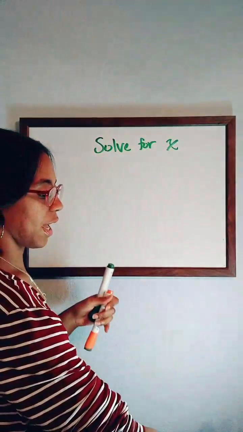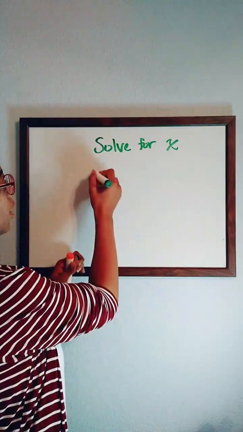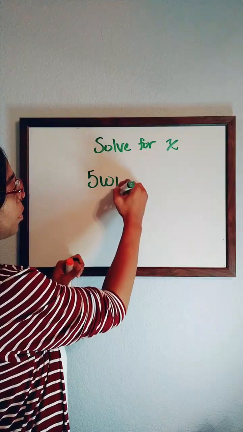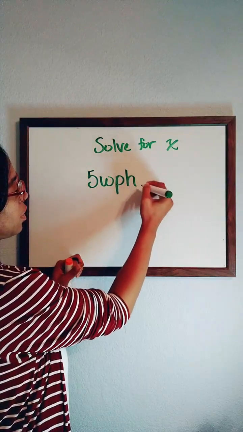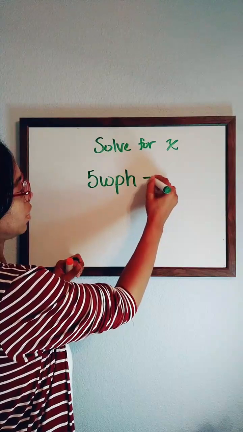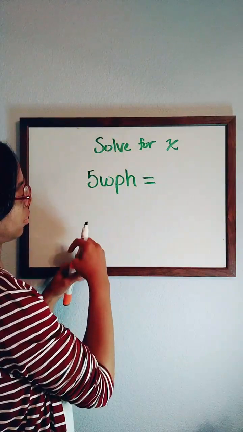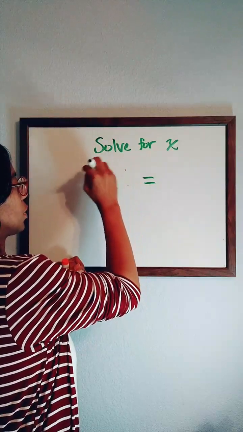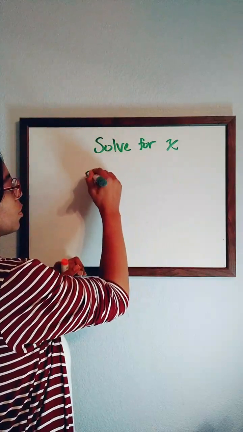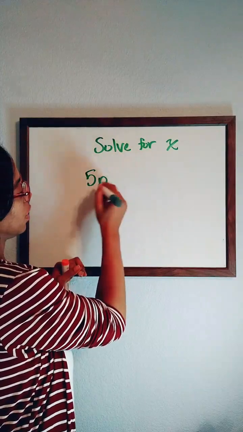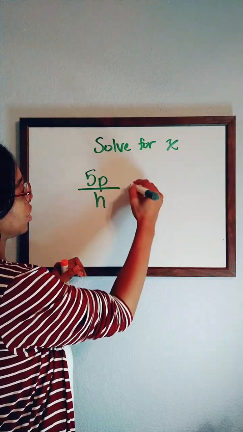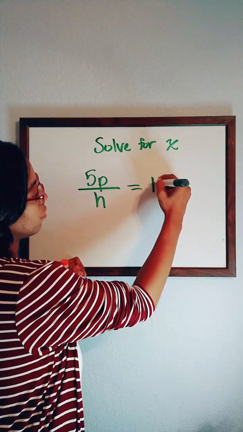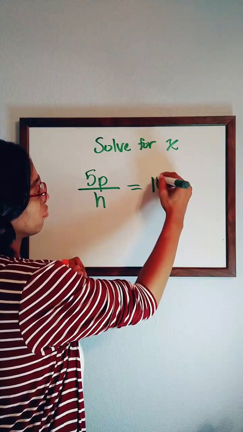So let's say we had 5P divided by H is equal to 10.